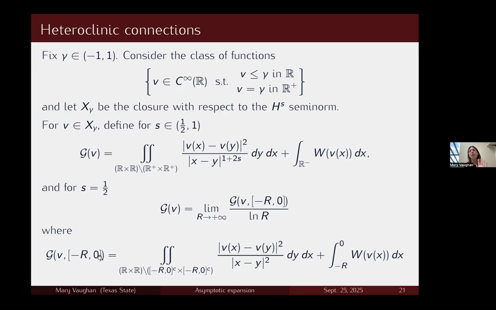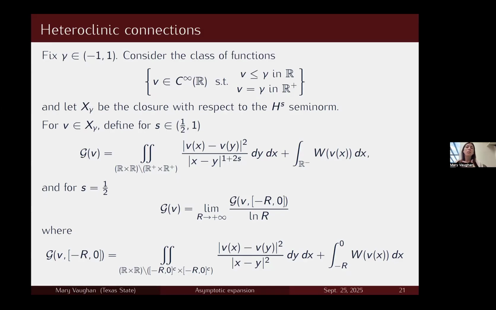So it's like a left-sided interval where the right endpoint is always fixed at 0, because in R plus my function is constantly equal to gamma. Here I neglect points where both particles come from the complement of that interval. This goes to infinity, as I said up here: in the case s equals a half it diverges, because down here this goes to infinity as R goes to infinity like natural log of R. So that's why here we divide by natural log of R to renormalize and send R to infinity.